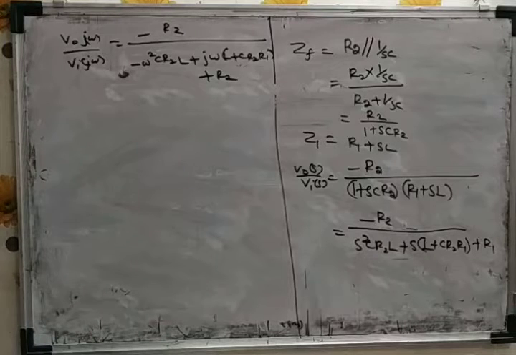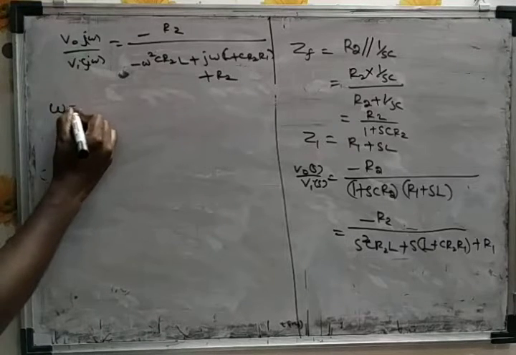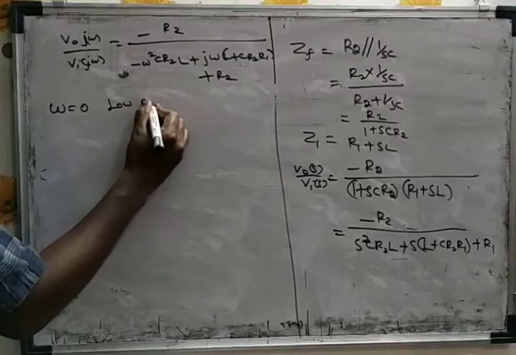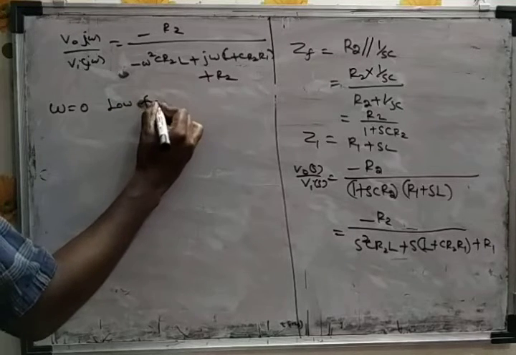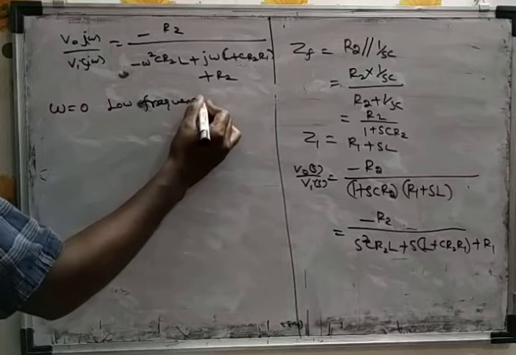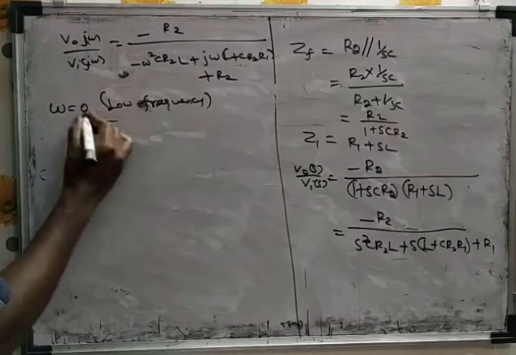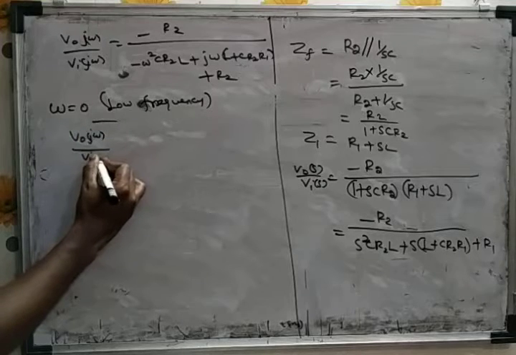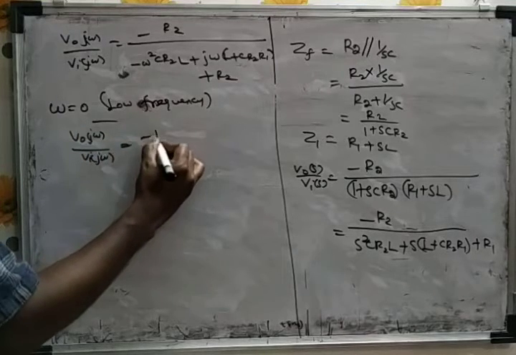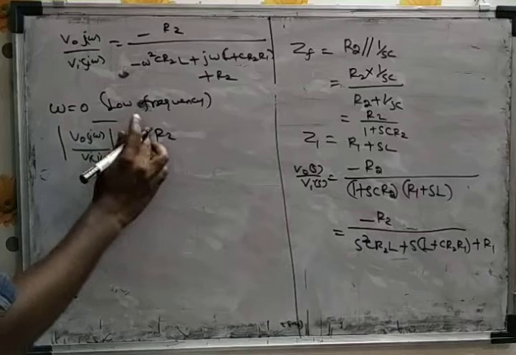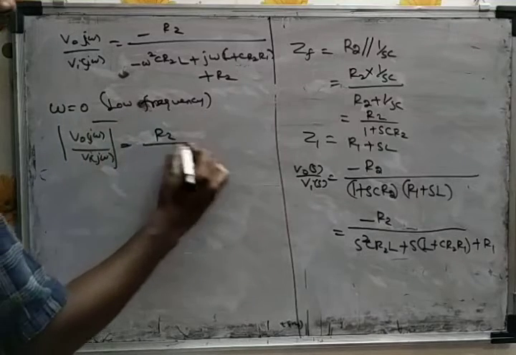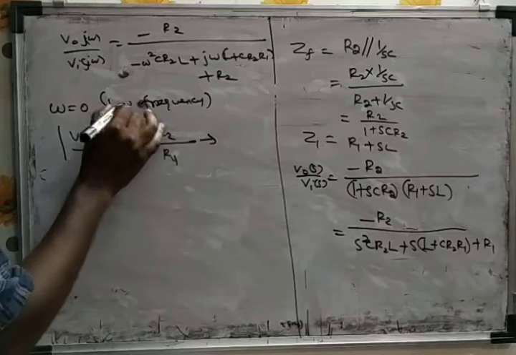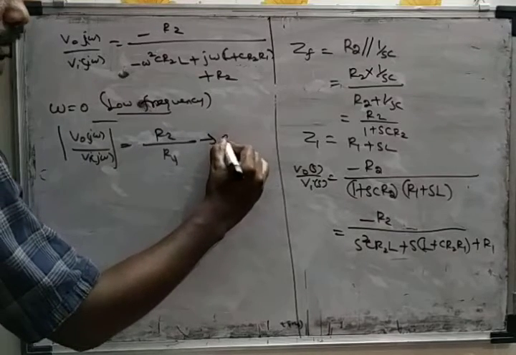If we substitute omega equal to 0, which means low frequency or applying a DC signal, you will get V0(j omega)/VA(j omega) equal to minus R2 by R1, so the modulus is R2 by R1. It allows the low frequency component.